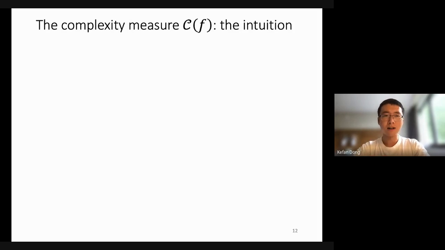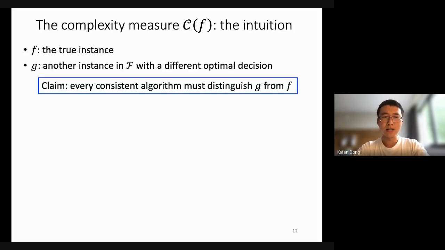Okay, now let me introduce our complexity measure and the intuition to design this complexity measure. Recall that C of F is actually a lower bound for the regret of every consistent algorithm. So to design this lower bound, we just need to find some common ground for all the consistent algorithms. To this end, let's use F to denote the true instance and G to be another instance with a different optimal decision.